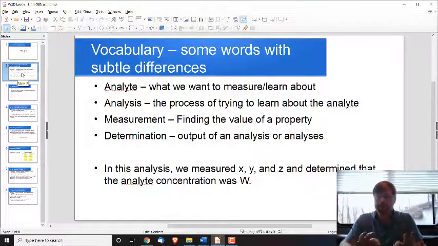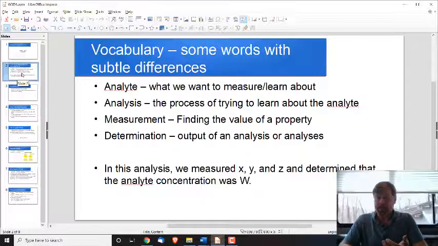First off, and this is the one on this page that's not a similar concept to the rest, analyte is the word for what we're wanting to measure or learn about. So, for example, if we were wanting to measure the sodium content in a saltwater solution, sodium would be our analyte. An analysis is the process of trying to learn about the analyte.